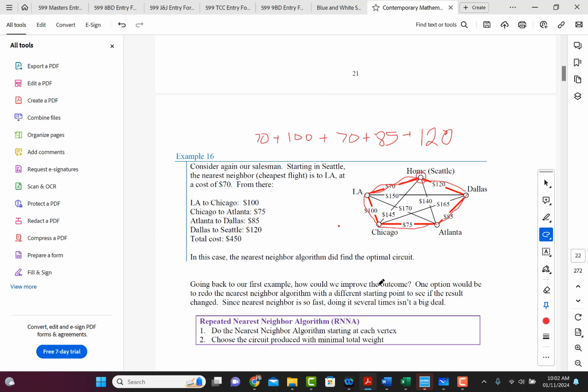Since the nearest neighbor is a quick and easy algorithm to use, it's not a big deal. So we call this the repeated nearest neighbor algorithm, RNNA. We do the nearest neighbor algorithm starting at each vertex, and then we choose the circuit that produces the minimum total weight. Okay, so let's try that with our example.